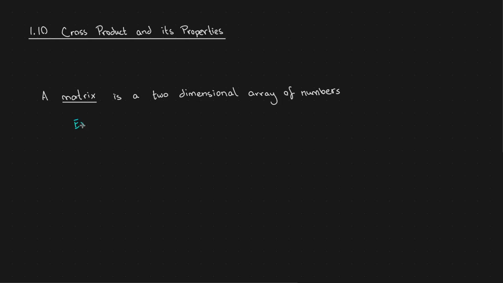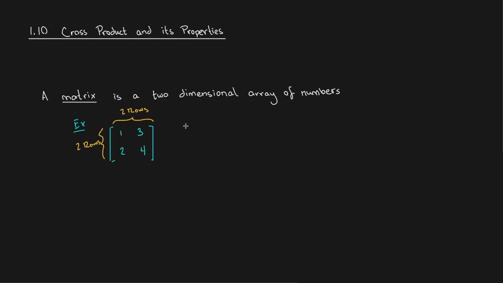So for example, 1, 2, 3, 4. Okay, and by two-dimensional, I mean it has both rows and columns.